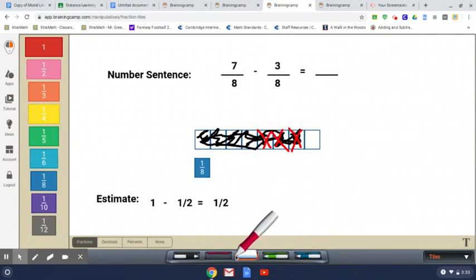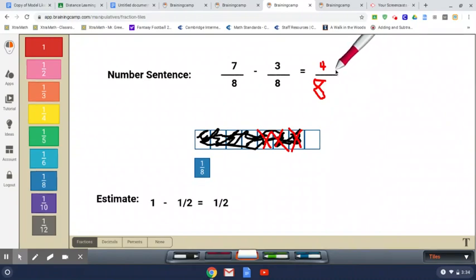So if I look at my math here, I have 7/8, which we started with, shaded in black. We subtracted 3 of those 8s. What are we left with? We're left with 1, 2, 3, 4 equal parts out of our total of 8. So 4/8.